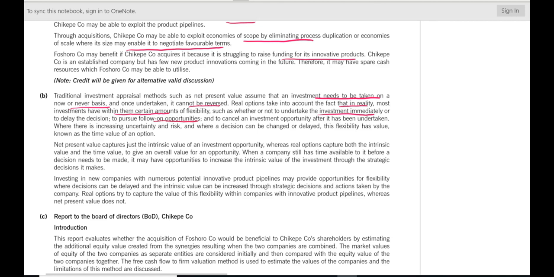And if we have follow-on opportunities, or can cancel an investment after it has been undertaken, it will add some value. Where there is increasing uncertainty and risk, where a decision can be changed or delayed, this flexibility has value. Like if we open a project in an area which is not suitable for the investment, but the government has given us the option that we can close the business after a few years and the government will fully refund our investment, definitely it will increase the worth of our project.